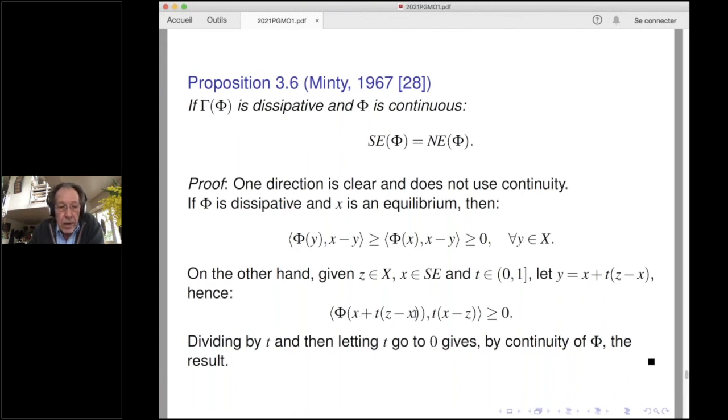So you have this inequality. You can drop t, which is positive, and then you let t go to 0, and you use continuity of phi to get phi of x, x minus z positive. This is true for every z, so you are in Nash equilibrium. So that's it, and this is the end of what I wanted to say this morning.